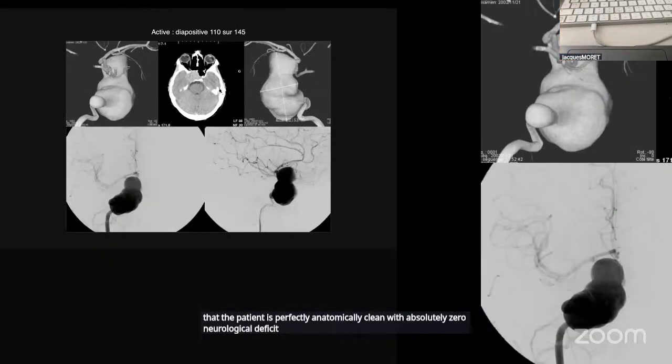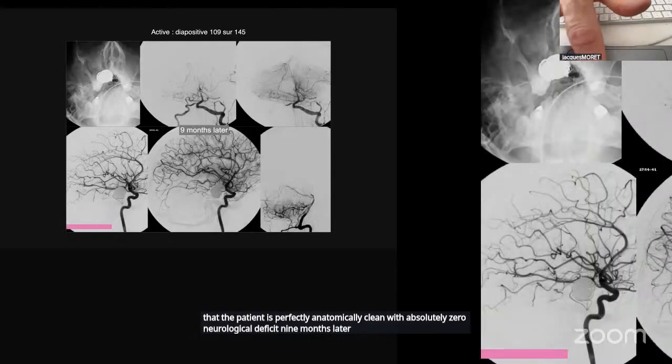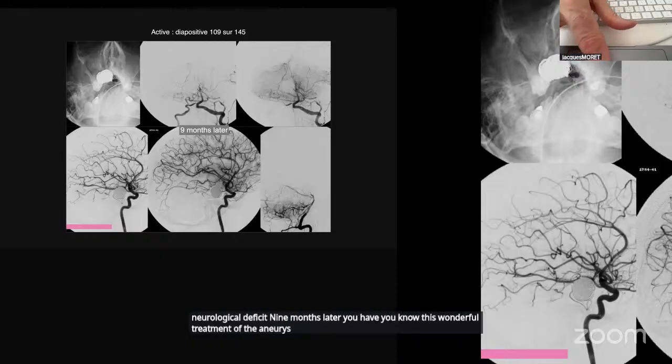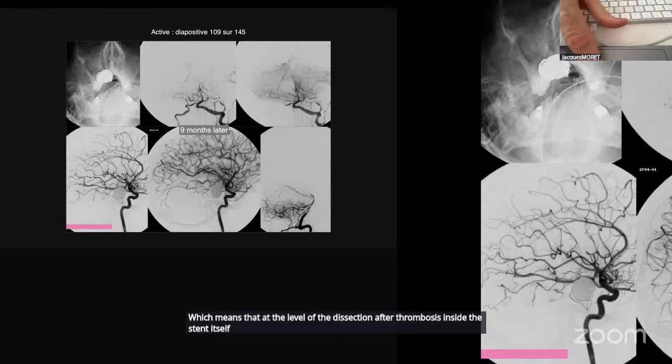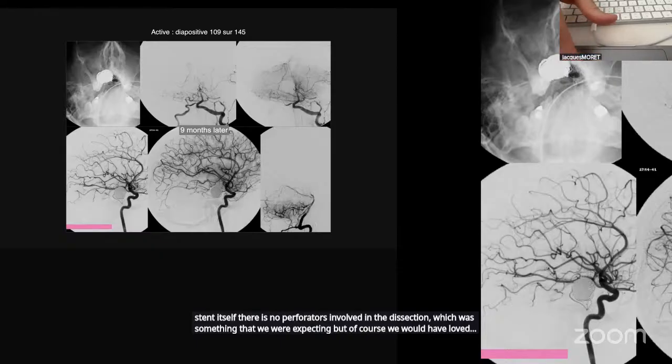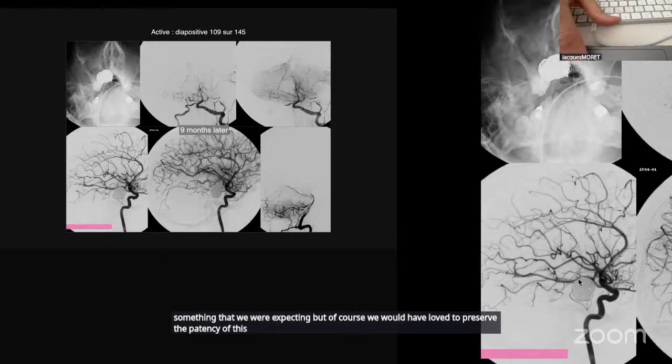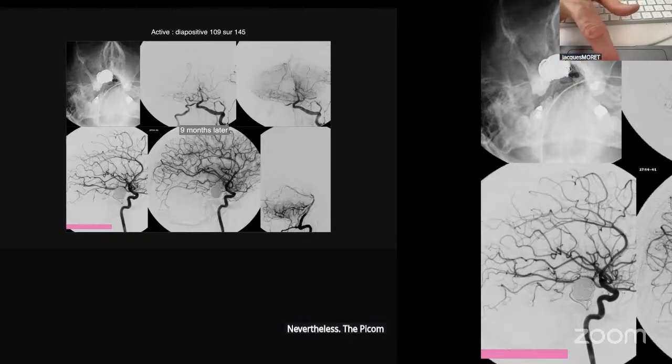Nine months later, you have this wonderful treatment of the aneurysm, but there is no more filling of the distal part, which means that at the level of the dissection, after thrombosis inside the stent itself, there is no perforator involved in the dissection, which was something that we were expecting, but of course we would have loved to preserve the patency of this. Nevertheless, the PCOM are functioning and there is no concern with the posterior circulation.